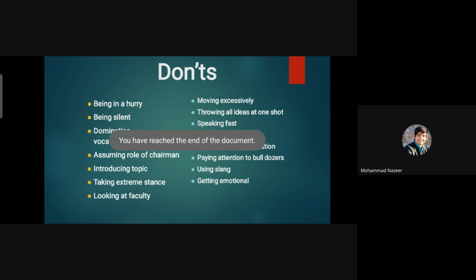It doesn't mean that you start crying or you start leaving. No, we cannot leave that situation. Whatever we have to deal with, we have to deal with in a very systematic manner. So these are the important things required in this kind of conversation, group discussion.